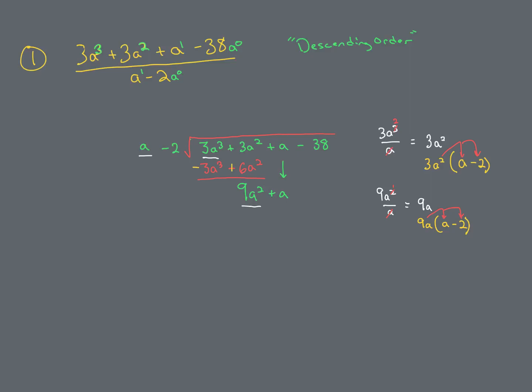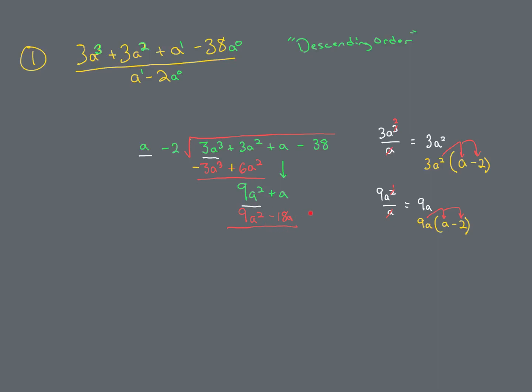So 9a times a minus 2. 9a times a gives us 9a squared. 9a times negative 2 gives us negative 18a. Put a line underneath, and make sure you remember, because this will be easy to forget, that we're subtracting both the 9a squared and also the negative 18a.